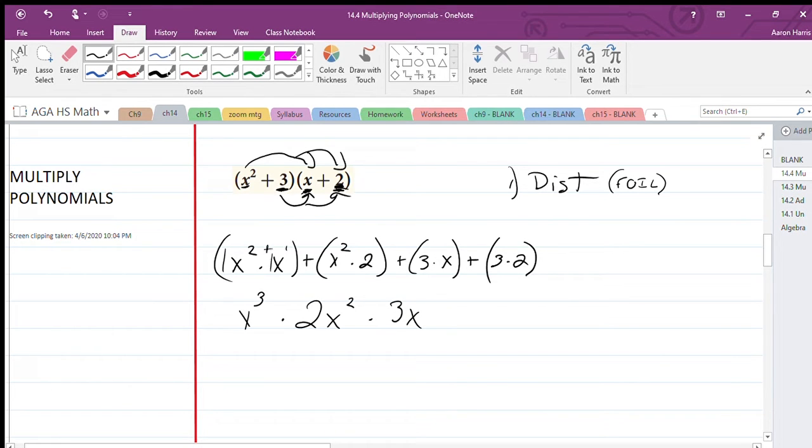Always put the coefficient out front. And then 3 times 2 is what? 6. Is there anything to combine? No. What's my highest term? 3. So I have a third degree polynomial that has 4 terms. And they're in order. Highest degree first, second, third, and then naturally constants.